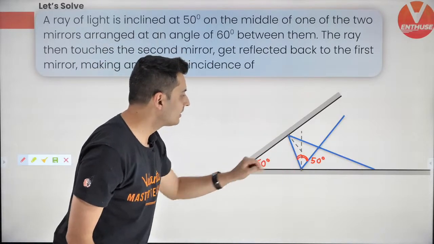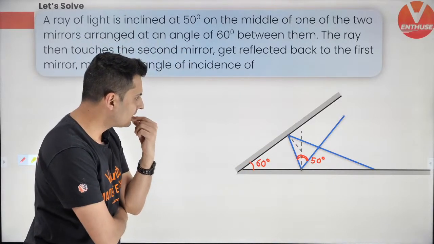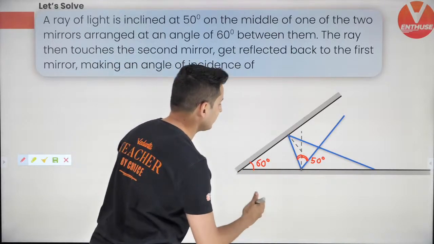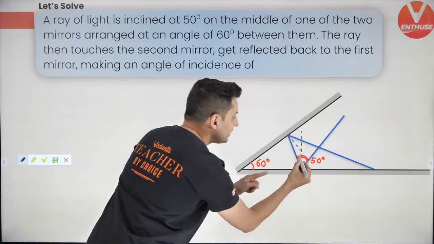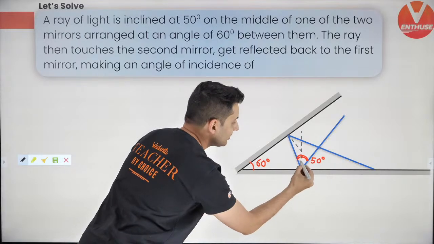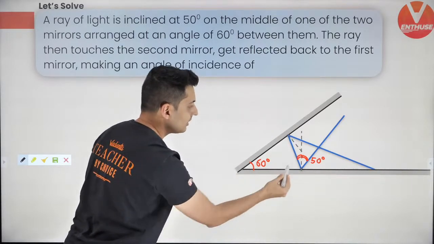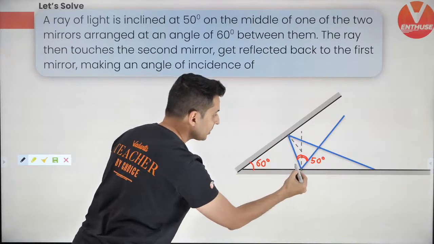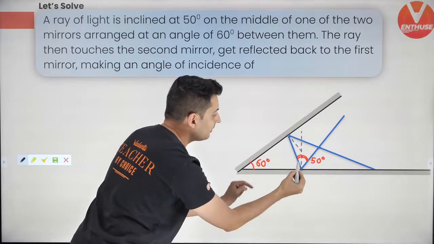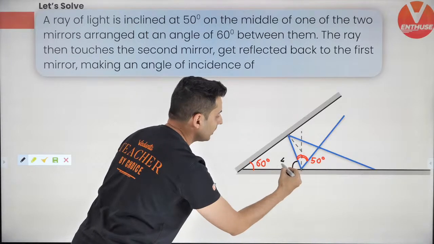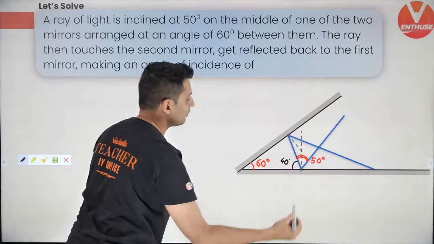Now, this is 50, this is 50. Let's see what else we can do. Interesting thing out here. This total angle is 90, guys. Look at that dotted line and this mirror. It's 90 degrees, isn't it? So the complement of 50 is how much? 40 degrees. So this angle must be 40.